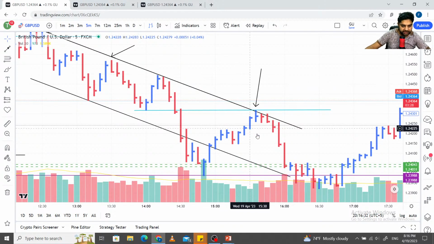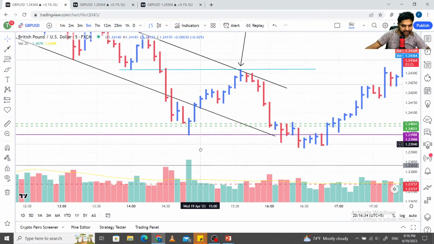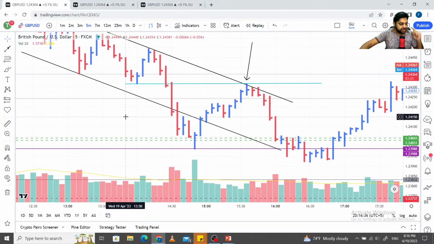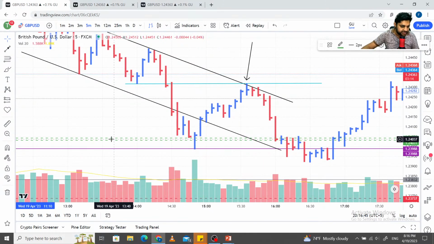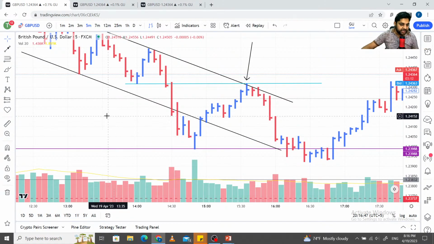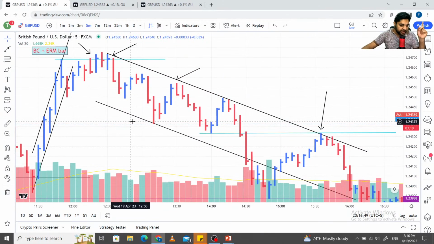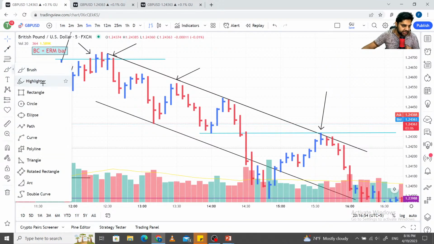So what do you have, guys, over here? Well, now, contrary to the downtrend, you will see that this is probably the beginning of an uptrend. Now, why am I saying that this is the beginning of an uptrend? Because, guys, look at this. If you look at the waves, the down waves are dominating so far. So look at this.